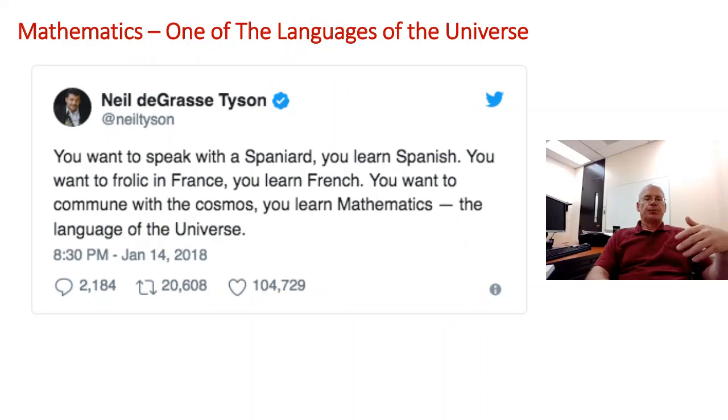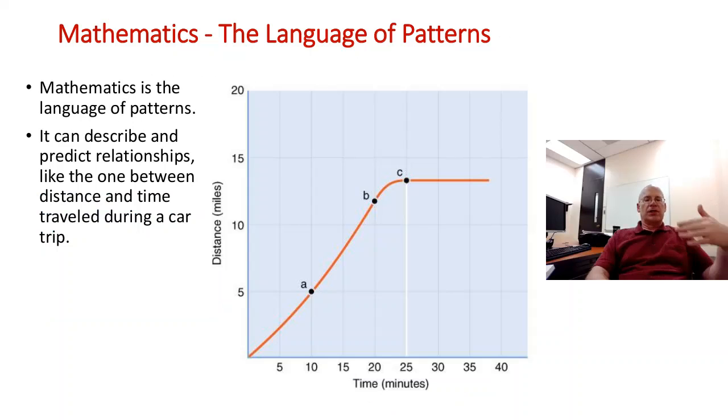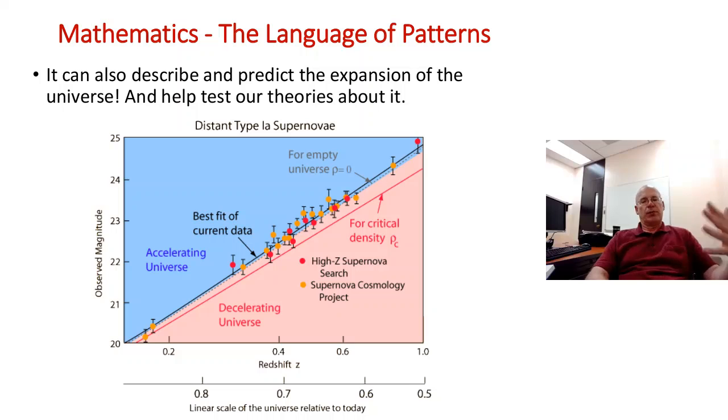Now we have to learn mathematics in order to speak in science. I'm not going to bore you with this part of the online material, but go ahead and read this. It is how we talk about things. It's how we determine these patterns. It's a shorthand for telling stories and putting lots of information on a graph.